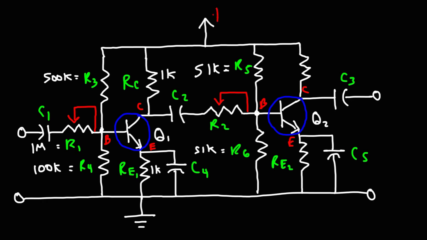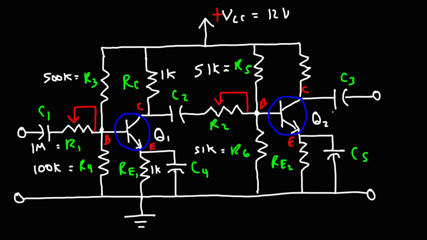Now let's say that our collector supply voltage is 12 volts. R5 and R6 form a voltage divider network. If the transistor wasn't there, and if R2 wasn't there, then the potential at point B would be half of 12 volts, since these are equal. So ideally that would be 6 volts.